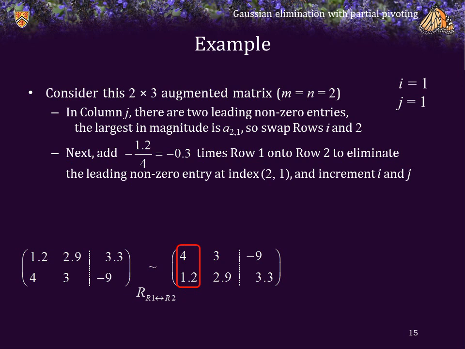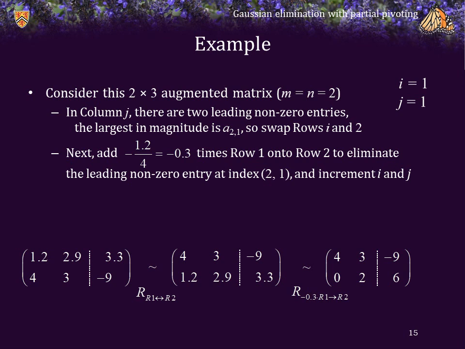Well, there's only one other entry there, and that's in row 2. So negative 1.2 over 4 is negative 0.3. So we will add negative 0.3 times row 1 onto row 2, and that will eliminate that non-zero value in column 1. There are no other leading non-zero entries, so we are done.